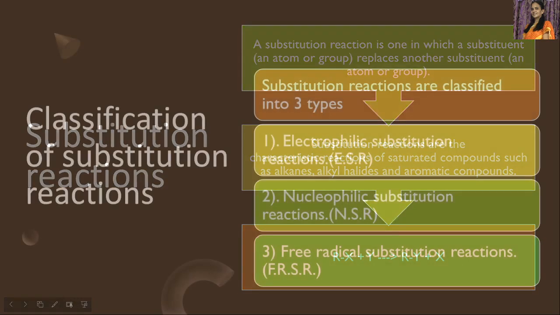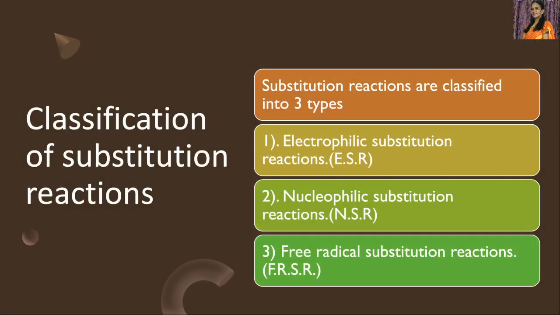Now next, let's see the classification of substitution reactions. Substitution reactions are classified into three types, similar to addition reactions. The first one is electrophilic substitution reaction, the second one is nucleophilic substitution reaction, and the third one is free radical substitution reaction.